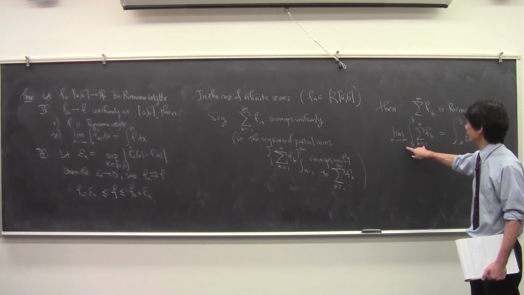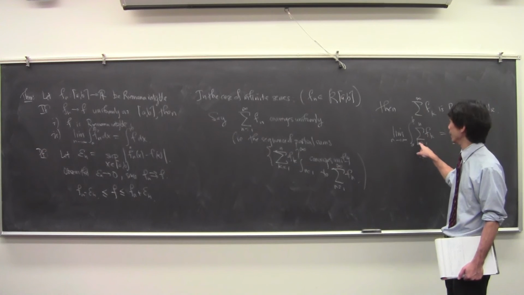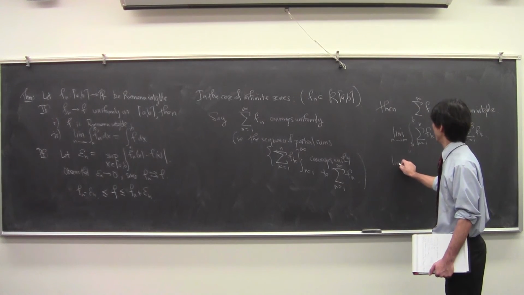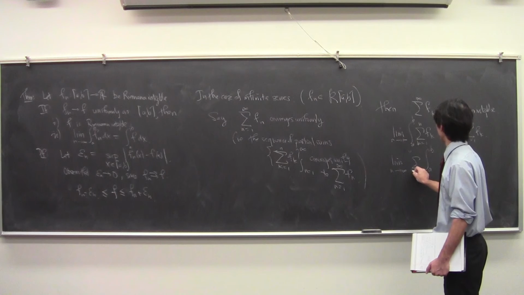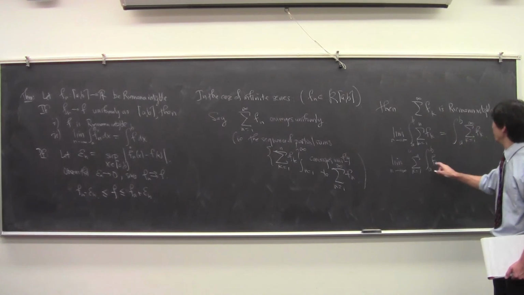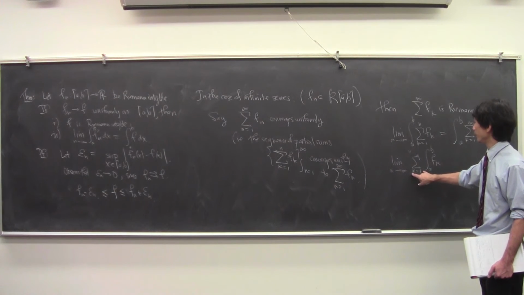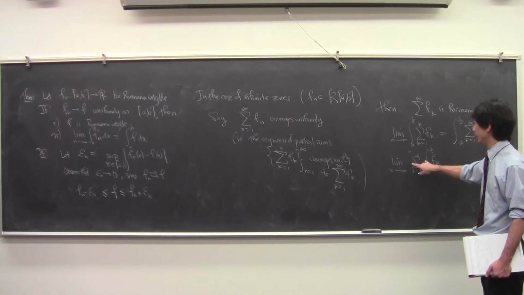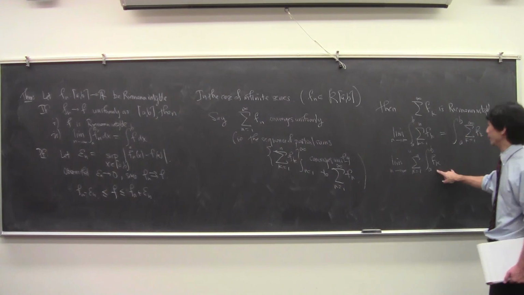Okay. Now, rewriting this just a little bit, this is the integral of a finite sum here. So I can pull the integral out. Right. So the limit of this finite sum is the integral of the series.